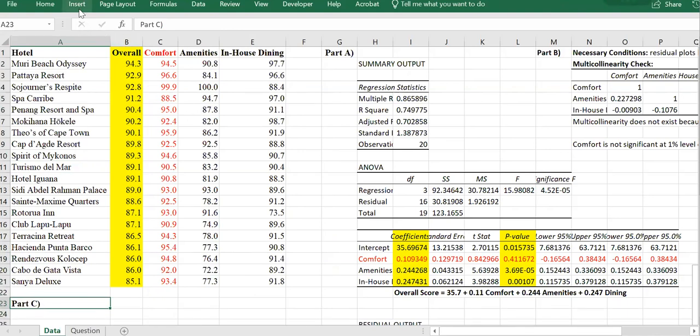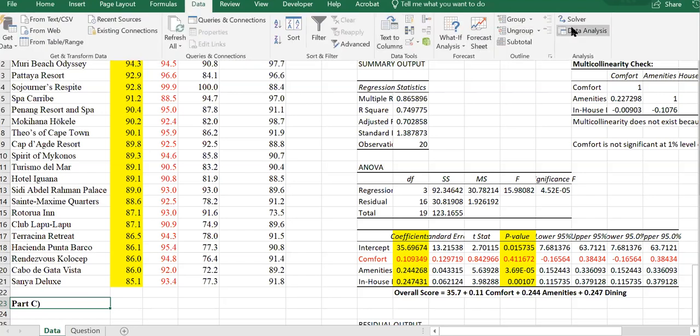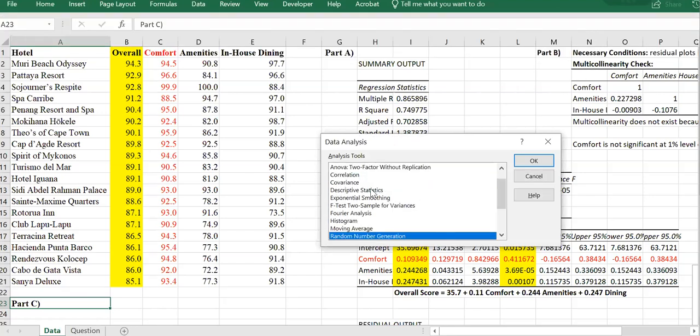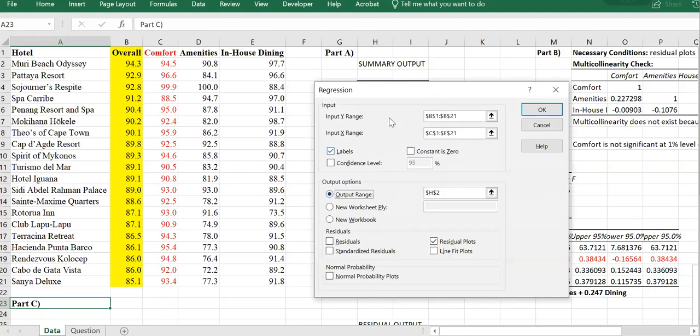So it's gonna be data tab, data analysis, regression. Column B is fine for Y range, overall. For X range, I just need to pick column D and E, so D1 to E21, this range.